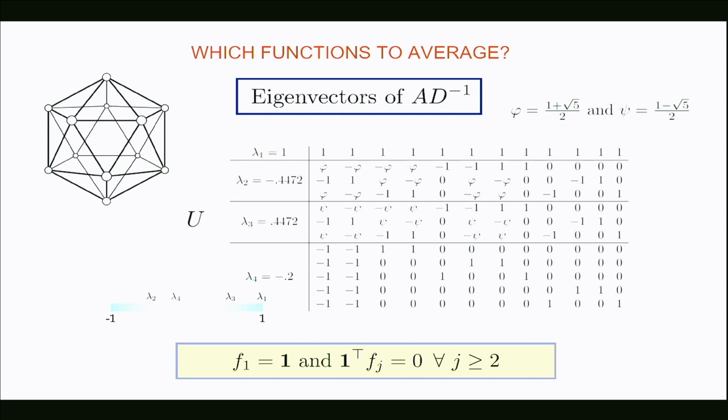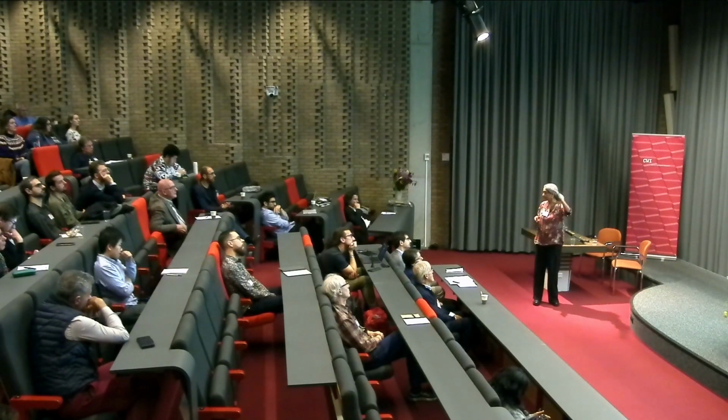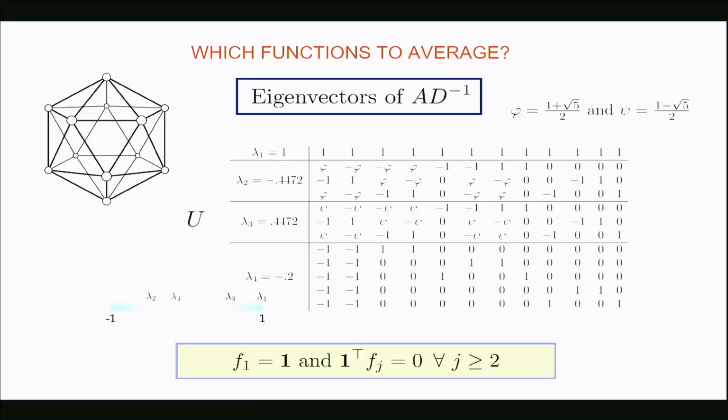The first eigenvector, with eigenvalue 1, is always the all ones vector. So that one is trivial. And all the other eigenvectors, all the other rows of the matrix, because of orthogonality, have this property: 1 transpose times any other f_j is equal to 0. This is very convenient because this quantity is also the global average of f_j.